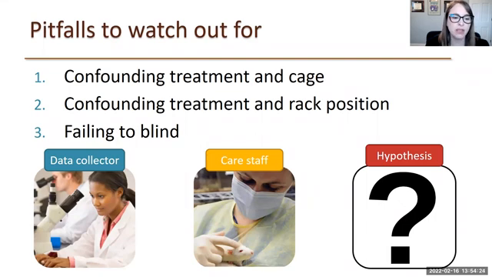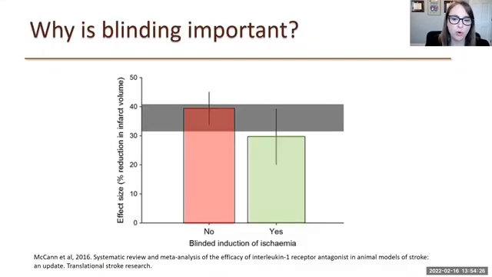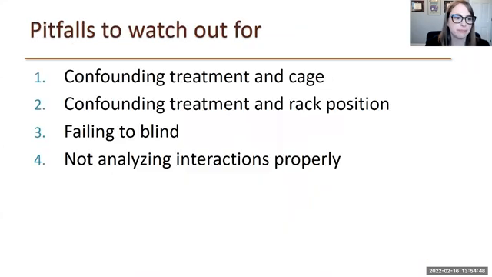The reason blinding is important is that we see the effect size is inflated. This is probably not something we're doing intentionally, but it is inflated when groups are not blinded, and we can see a difference in whether this translates to overall effect sizes in the work we're doing. So this is really important.